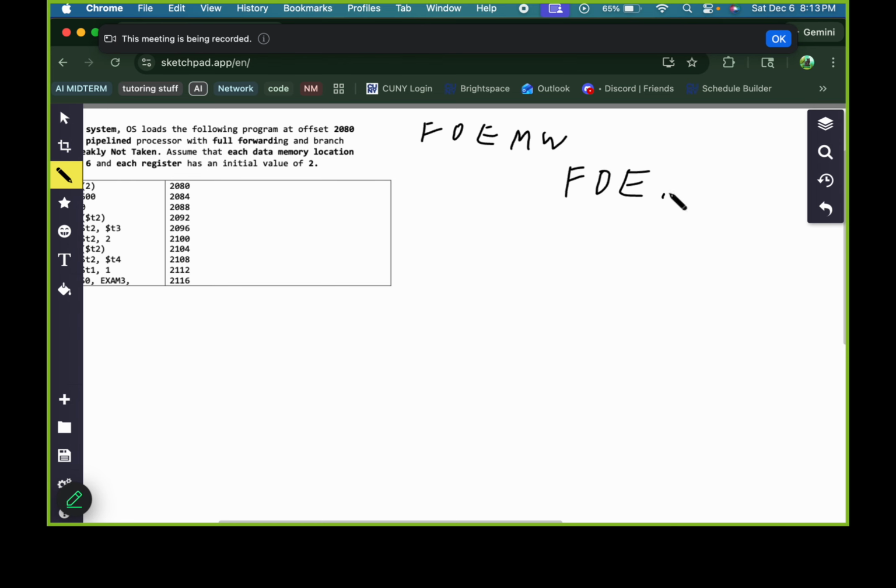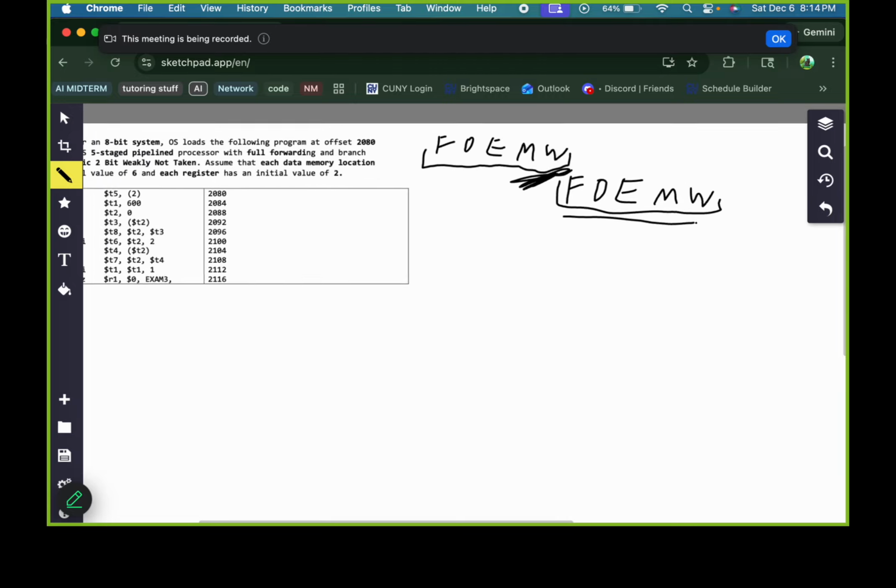Fetch, decode, exec, mem, write back. So this is what we call a single cycle processor. This is what we're used to. In this case, each of these instructions is one cycle, but this is very inefficient because we have to wait till this entire instruction's over before we move to the next one.